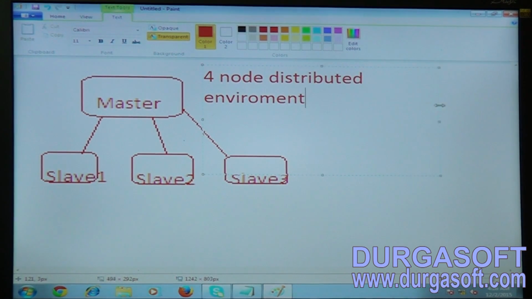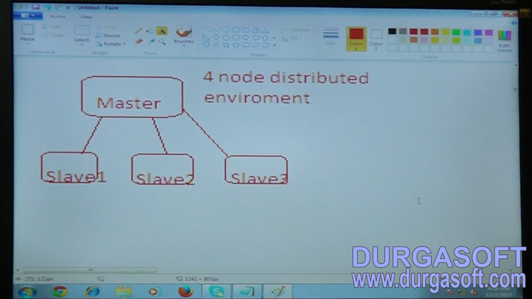So one is the master node, and the rest three are slave nodes. The master node's responsibility is to maintain the metadata, and the slave nodes' responsibility is to store the data.